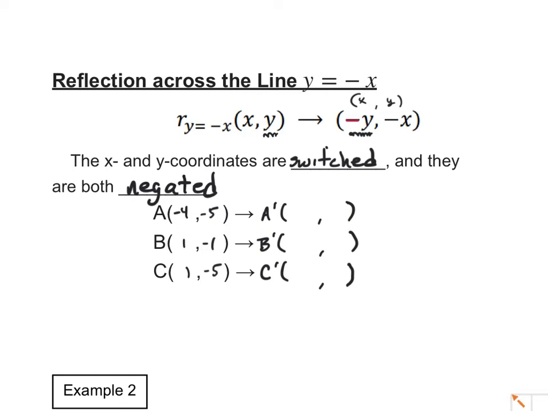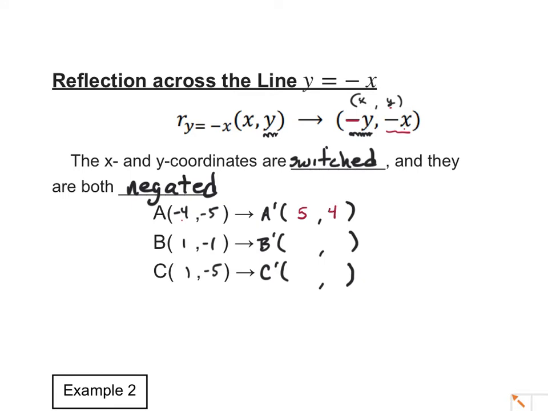My old y value was negative 5. If we take negative 5 and negate it, it becomes a positive 5. Then the new y value is going to be x negated. My x value was negative 4, and negative 4 negated becomes a positive 4.